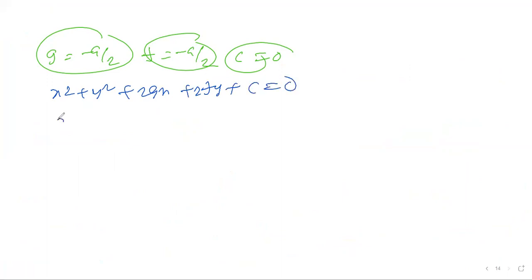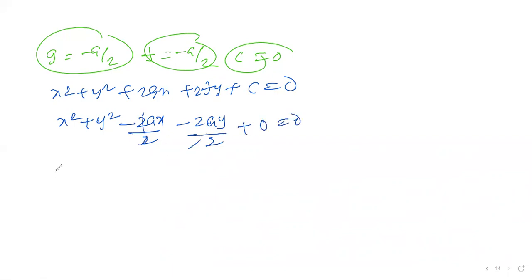Please substitute all values. x square plus y square minus 2ax by 2 minus 2ay by 2 plus 0 is equal to 0. Because the 2s are cancelled, what is the final equation we got? x square plus y square minus ax minus ay is equal to 0.